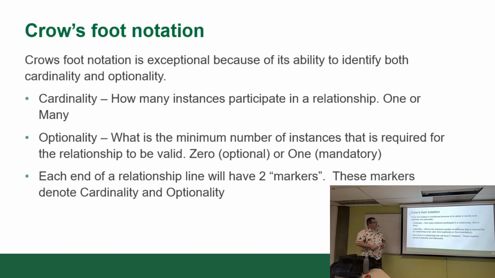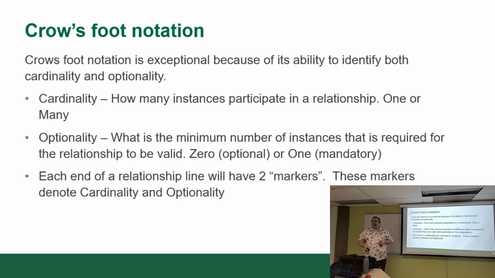So crow's foot notation is exceptional because it allows you to do both cardinality and optionality. With most of the other ones, you need two symbols, one to talk about the cardinality and one to talk about the minimum and maximum cardinalities. Most other notation systems need two sets of symbols.